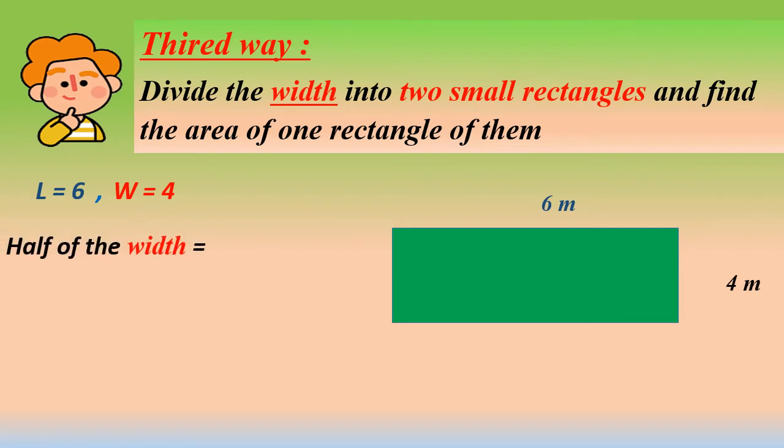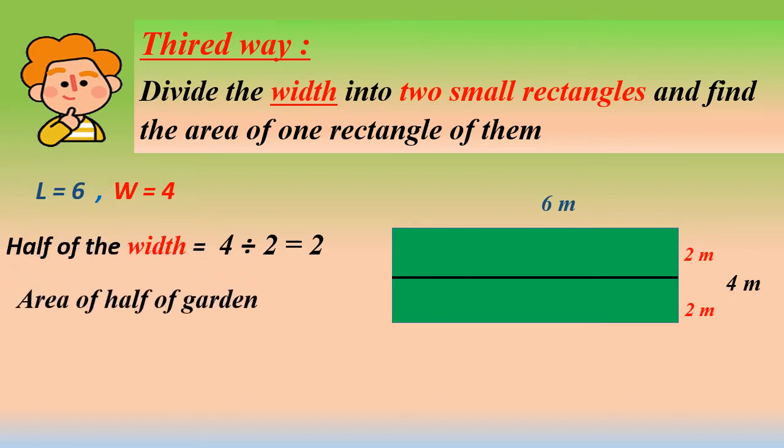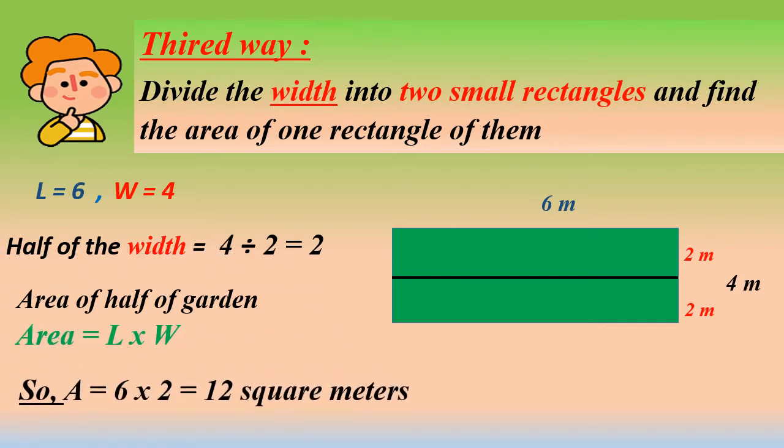Half of the width equals 4 divided by 2 equals 2. So I will divide the width here into 2 meters and 2 meters. Area of half of the garden, I know the area equals length times width. Will I take all the width here? Of course no. I will take the half of the width. So 6 times 2 equals 12 square meters.